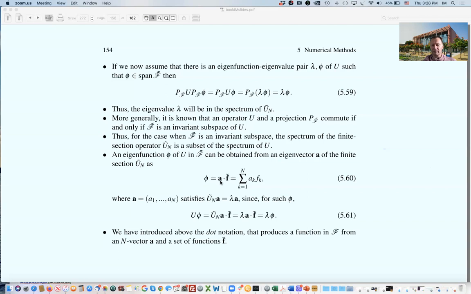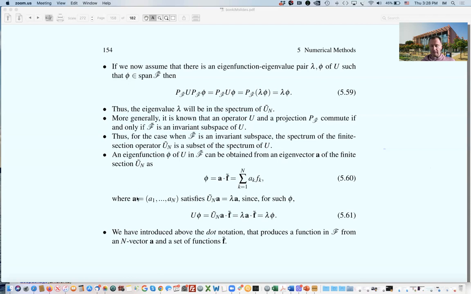This notation really means a multiplication of a finite vector with a finite set of functions, a vector whose components are functions. Or it can also be expanded as the sum from k equals 1 to n of a_k, where these are the components of a, times f_k, but the f_k's are functions.